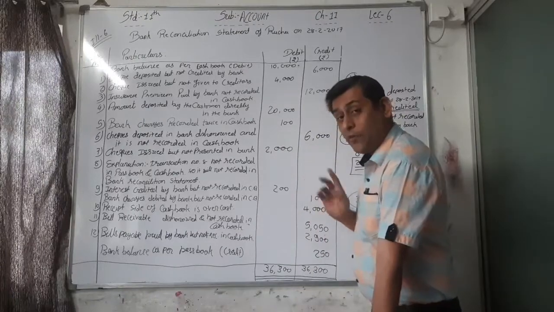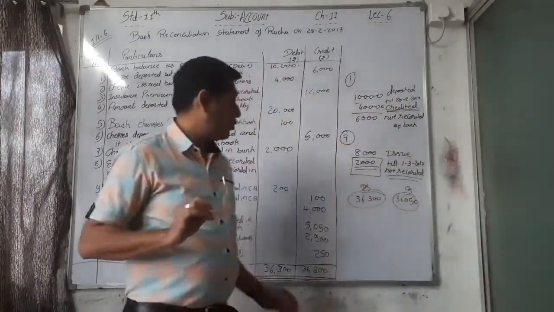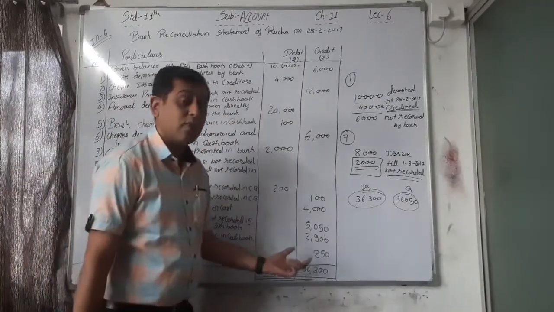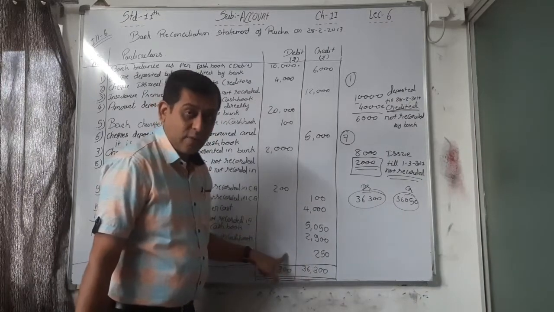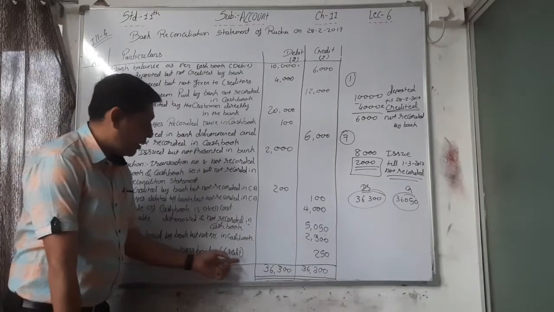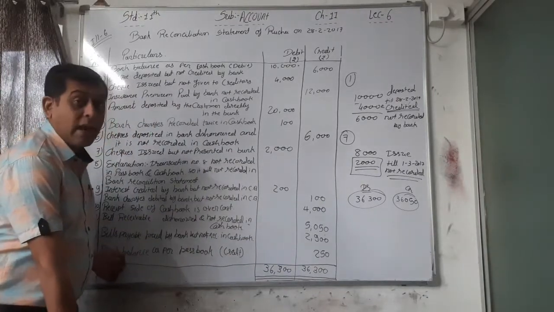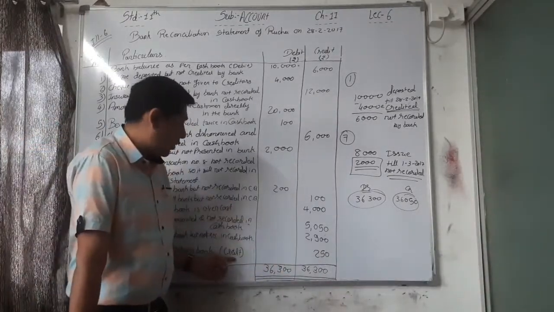Then find out the difference on the lower side total. So the lowest total is subtracted from the highest total and the difference is the balance. Balance on your debit side, as per cash book, means bank balance. But if the difference is on the credit side, then we have to write credit.